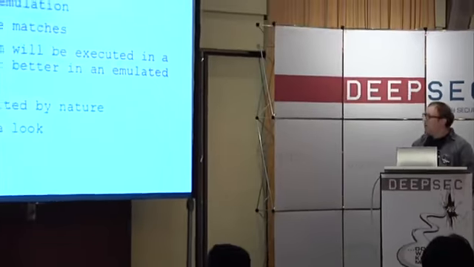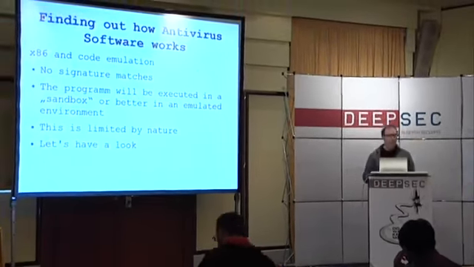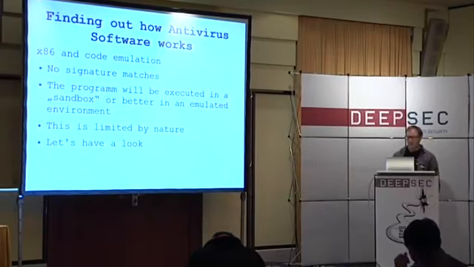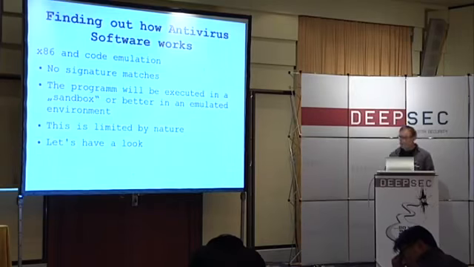After having my first programs to do antivirus evasion, I realized that the antivirus programs seem to be limited in code and API emulation. So I started developing more techniques to find out more about the emulation part. Let's have a look.